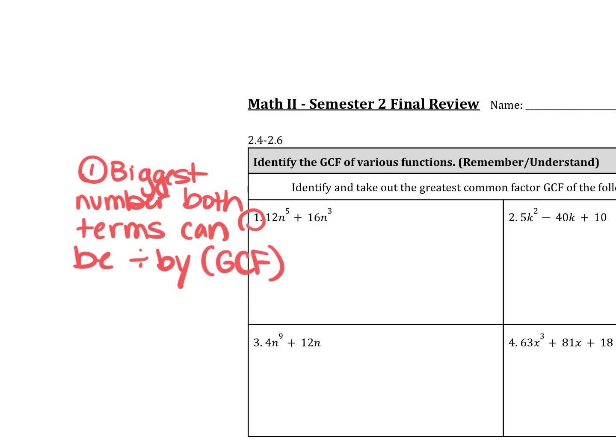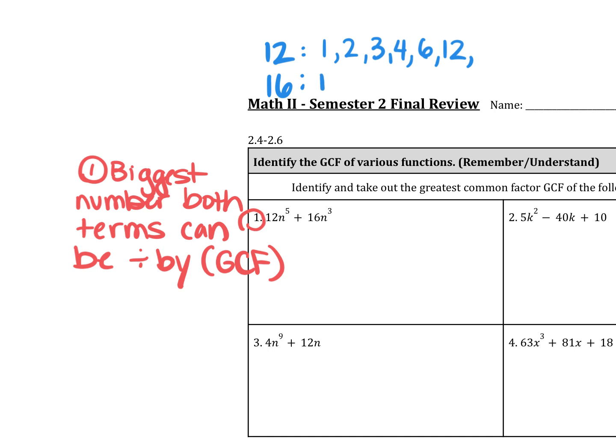And if you don't know what that would be, sometimes it helps to list the different ways you can multiply to get both numbers. So we have 12 and 16. To multiply to get 12, we would go 1 times 12, 2 times 6, and then 3 times 4. Any of those you can multiply to get 12. Obviously, you have to multiply the right ones together.